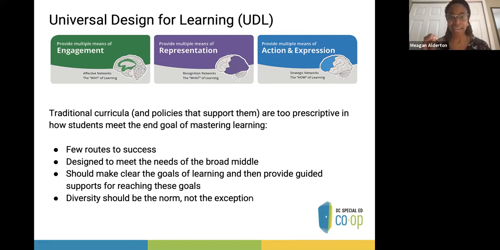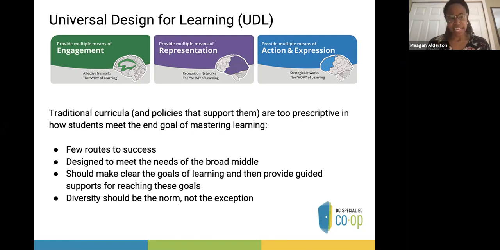How do we make sure our students are clear about what it is we want them to learn? And then finally, action and expression is highlighted in blue. These are the strategic networks of the brain, and this is where, as educators, we look at how we activate the how of learning. What are the things we need to put in place to facilitate how our students learn?